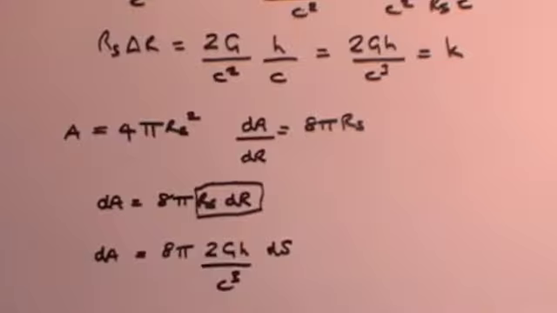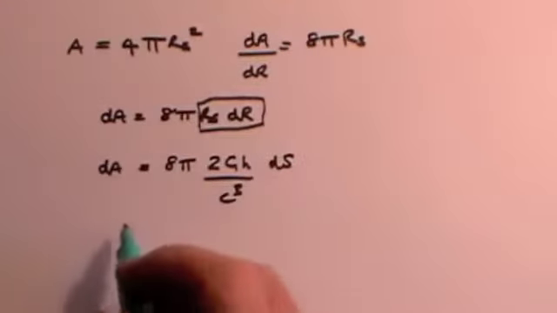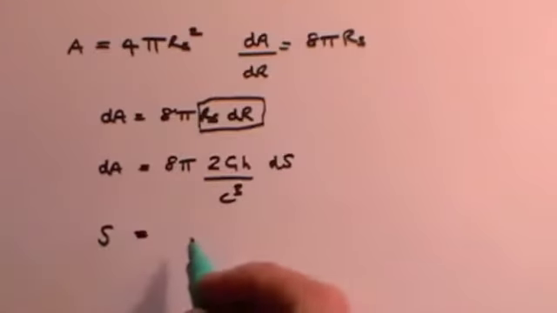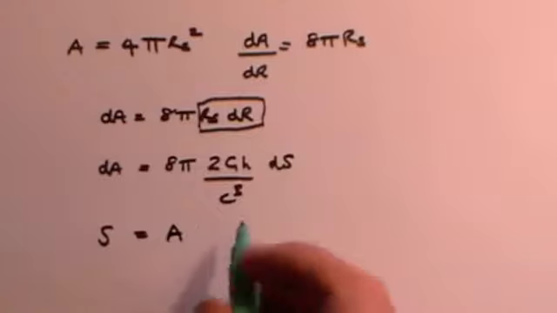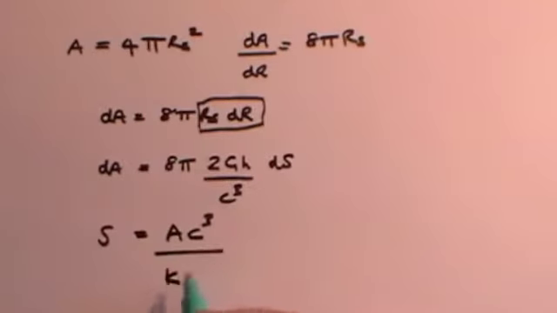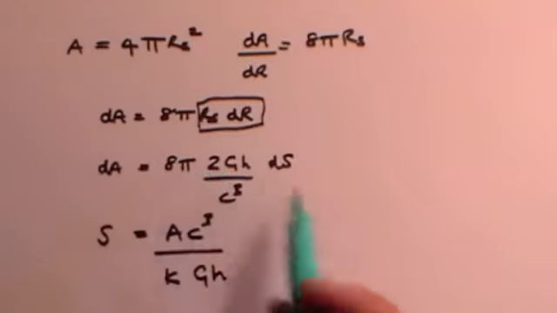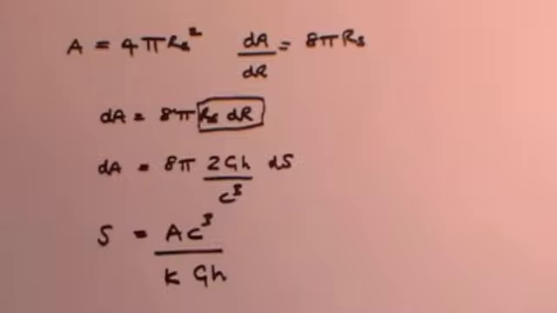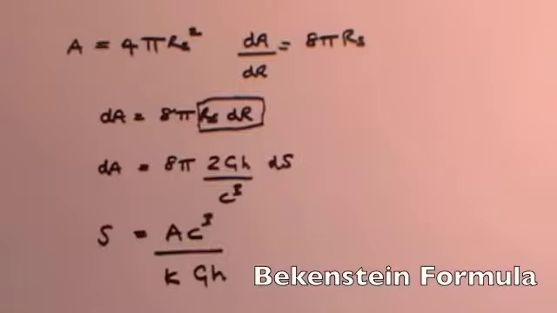And if we rearrange this formula, now having S and A, we get that S is equal to Ac cubed divided by a set of constants times gh. In other words, we're going to take the 16 pi and just make it a constant. And that is known as the Bekenstein formula.